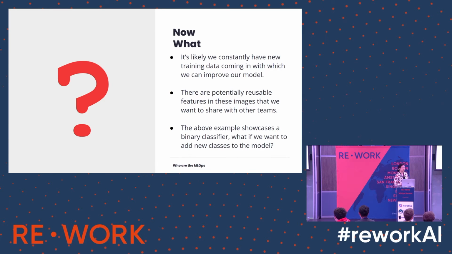But it's all very nice having this linear way of doing stuff, but what if we have new training data coming in? Maybe with those data, we can improve the accuracy of the model. What if during the process, we built a lot of features from these images, maybe the darkness, maybe the time of the day that the image was taken, and maybe some other teams want to use them as well.